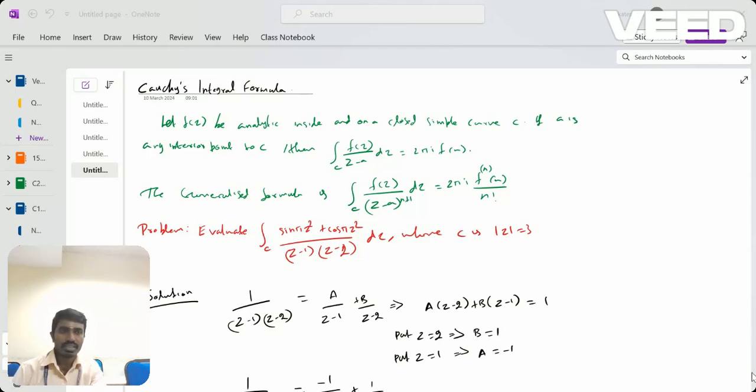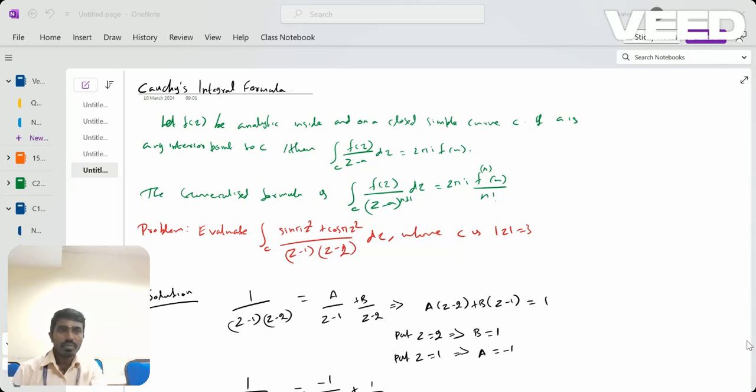Now the given integration can be split as I equal to the integral over C of (sin pi z square plus cos pi z square) by (z minus 1) into (z minus 2) dz, which can be split as two integrals: minus the integral, because A is minus 1, of (sin pi z square plus cos pi z square) by (z minus 1) dz, plus the integral of (sin pi z square plus cos pi z square) by (z minus 2) dz.